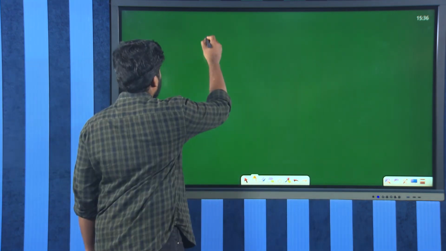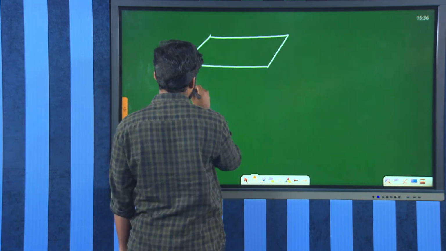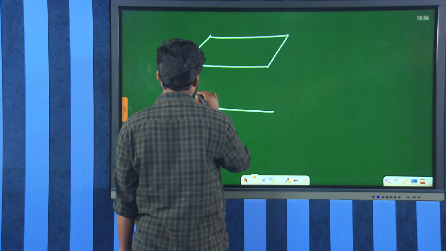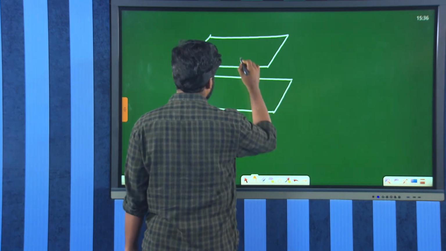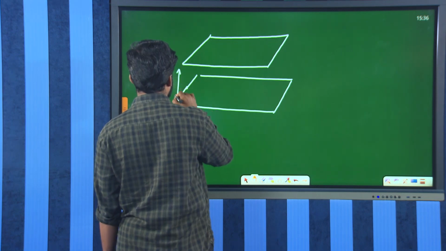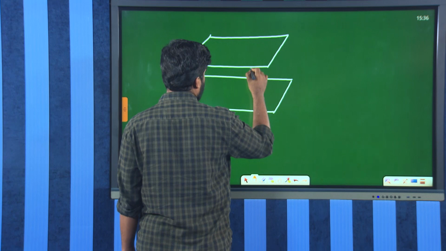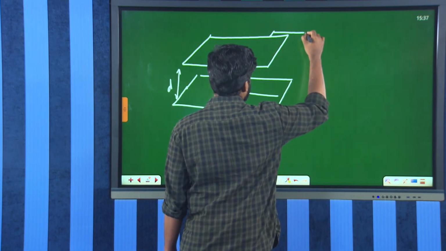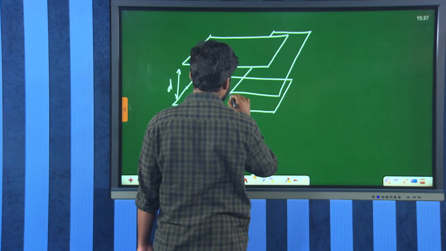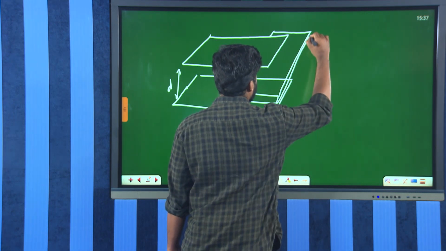So, I will draw a parallel plate capacitor which has a plate separation of D. The plates are separated by D. Now, I will insert a dielectric material of thickness D in between the plates as shown in the figure.